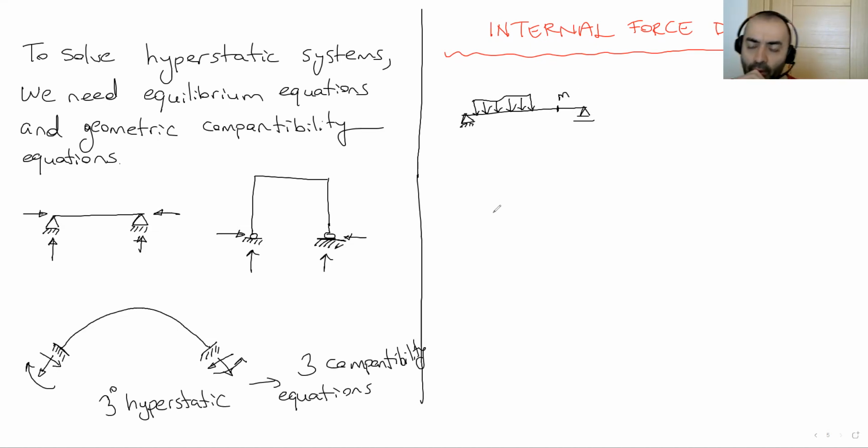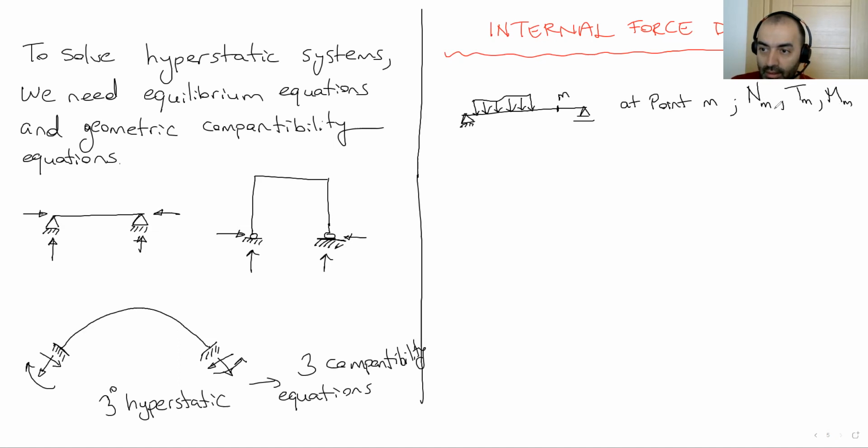What we did so far, actually at the beginning of today, we calculated the internal forces at point M. At point M, I have axial force, shear force, and moment.